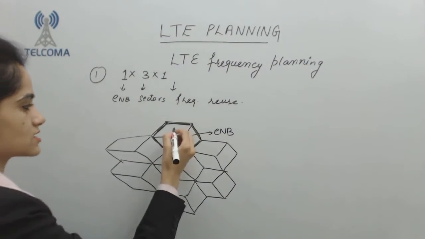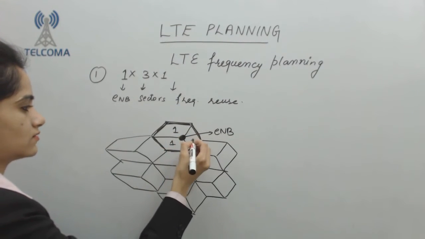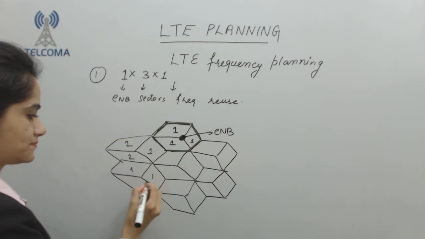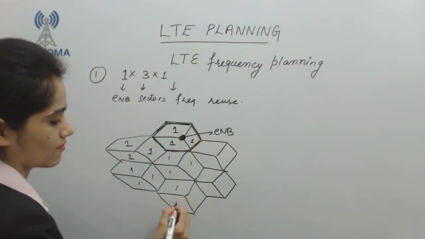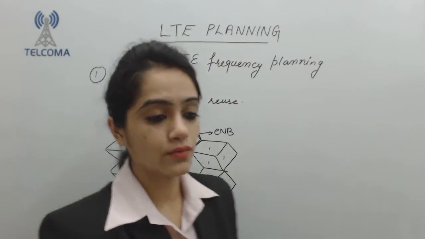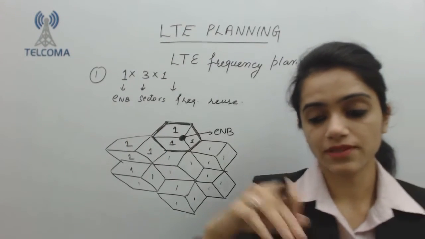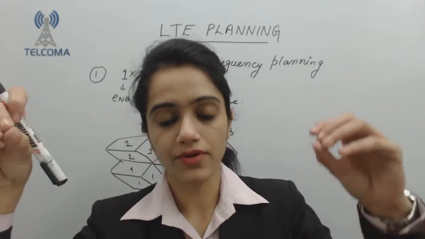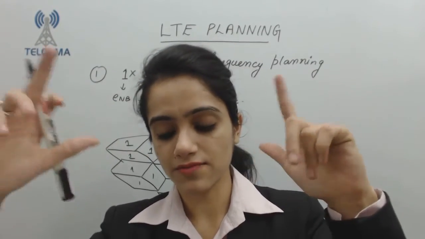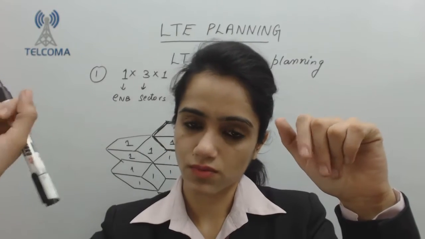So I'm using the same, 1, 1, 1, 1, 1, 1. That means with one eNodeB, we are giving one frequency to radiate in all 3 sectors. So this is the 1 cross 3 cross 1 mode.